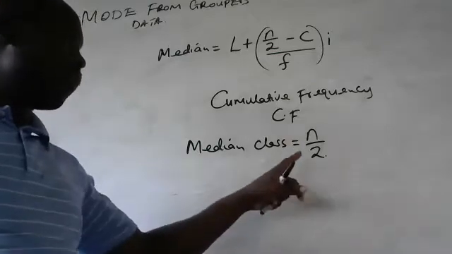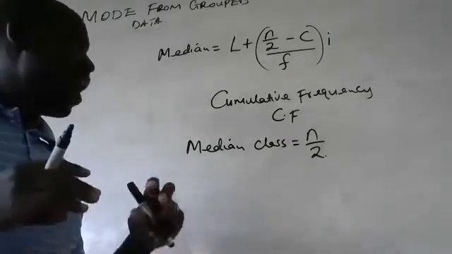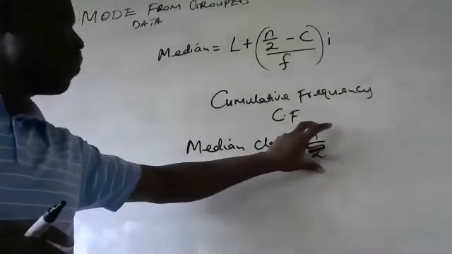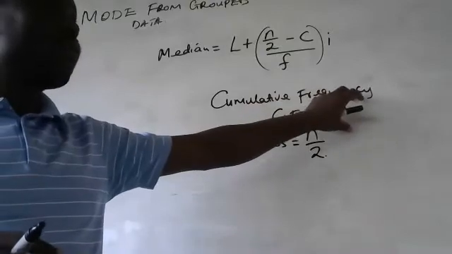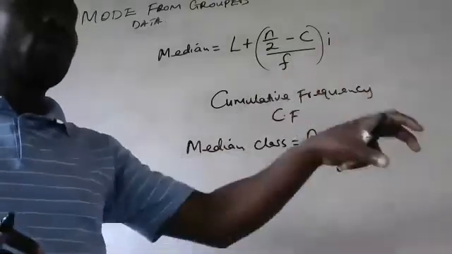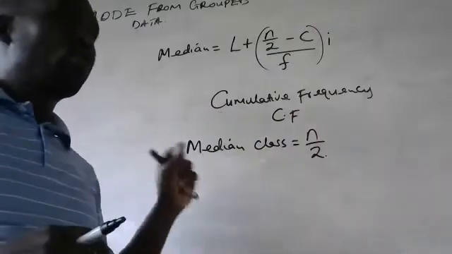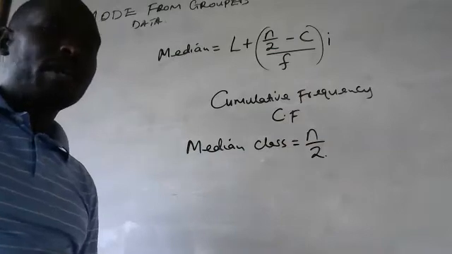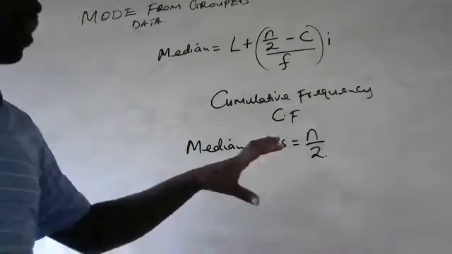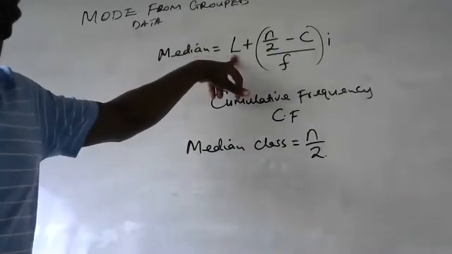You do n over 2, that will give you the halfway mark, and this value that you get here, you take it to the cumulative frequency, you will be able to identify the cumulative frequency where the median is going to lie, and then from that, you can go to the left and pick that particular class where the median is going to lie.